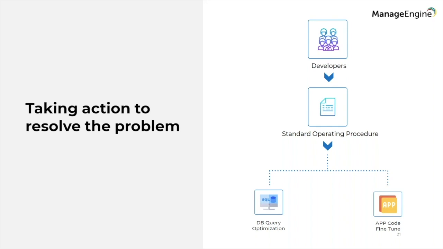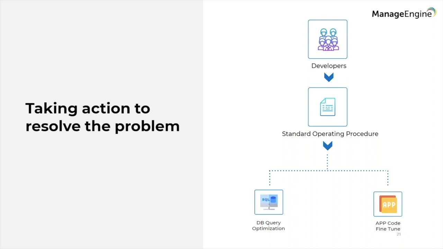Once they have identified the issue, they follow the regular SOP, that is the standard operating procedure, and modify the query or fine tune the application code. So this is how your application is again fine tuned by using APM Insight. This is the developer's turn, using the suggestions of APM Insight, they can perform these activities.